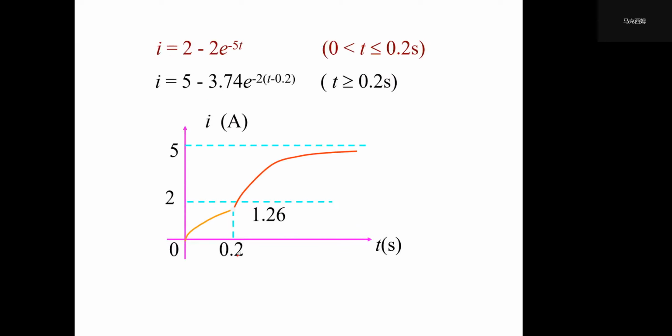So we can see this IT actually consists of two parts: from time 0 to 0.2 seconds and from 0.2 seconds to infinity. So it has two parts.